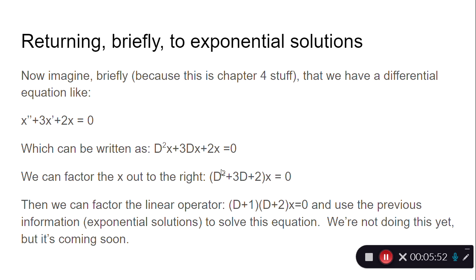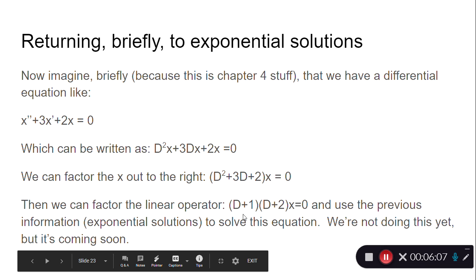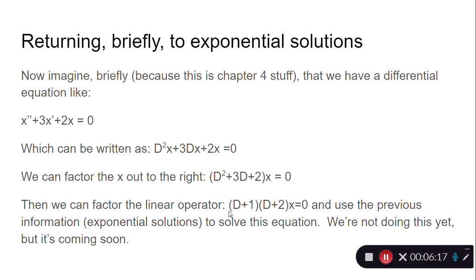Then what I have here is a linear operator, a combination of D's and constants. I can factor it, and it will turn out that the e to the minus t and the e to the minus 2t here will form the solutions. X will be expressed as the sum of 2 solutions to 2 first order equations. That's where we're going with this. We still need one more section to ground it, but that's why we're multiplying things and foiling and factoring.